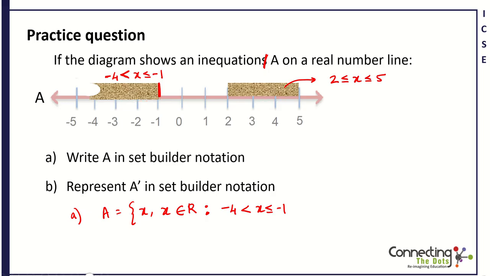So that's how we are writing it. Or 2 less than or equal to x less than or equal to 5. And because we are talking about set notation, I can replace this with the union of two sets. You must be familiar with this notation from your chapter on sets. So this represents the union of two sets of values, one between -4 and -1 and one between 2 and 5.